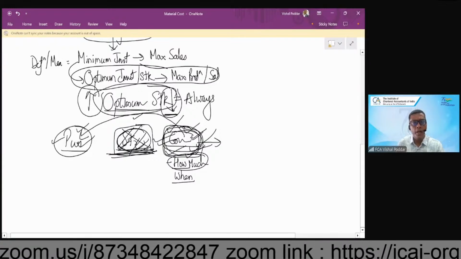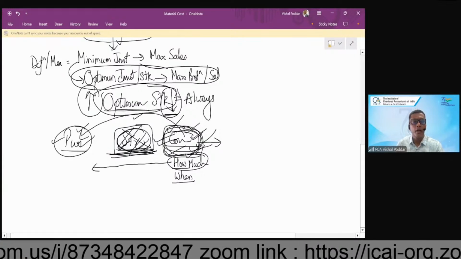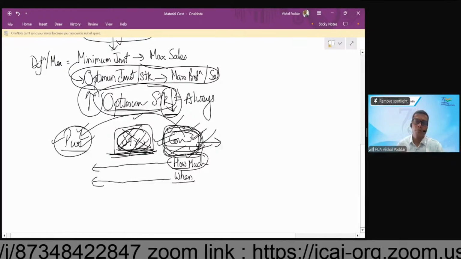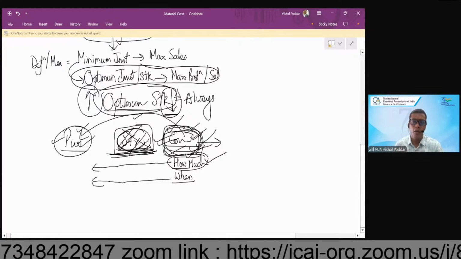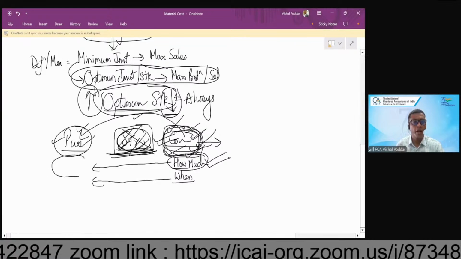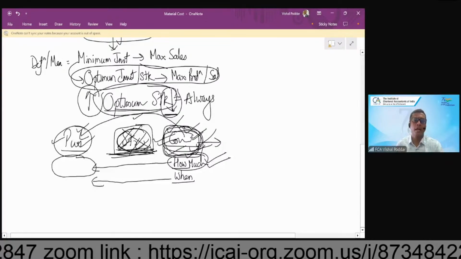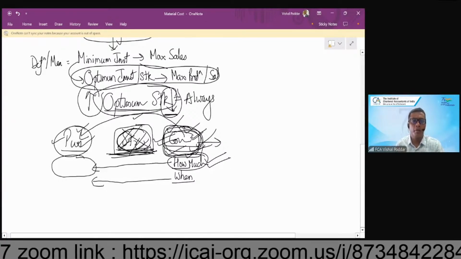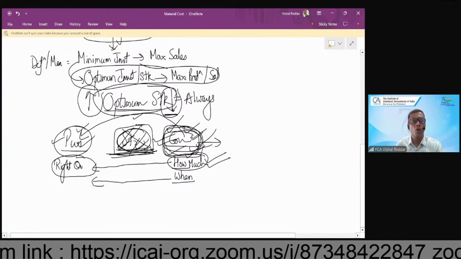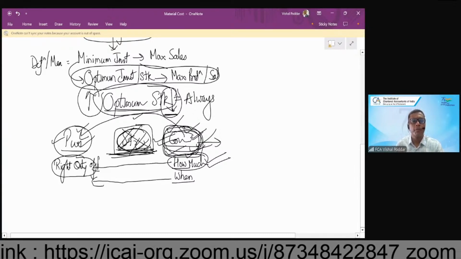And then simply I'll try to ensure that my purchase matches this. So whenever I need a particular quantity for consumption, I have to design or plan my purchases in such a manner that that quantity should be available. So now I name it as right quantity of purchase.